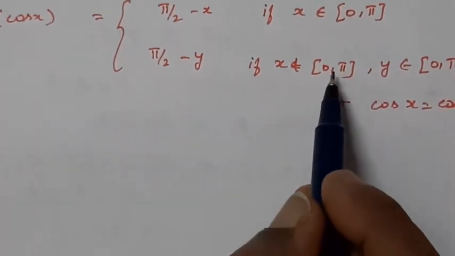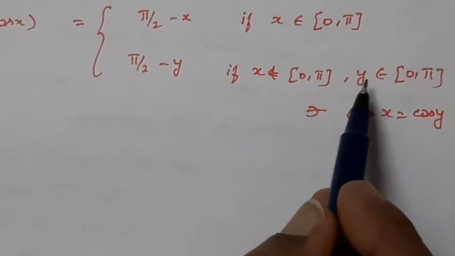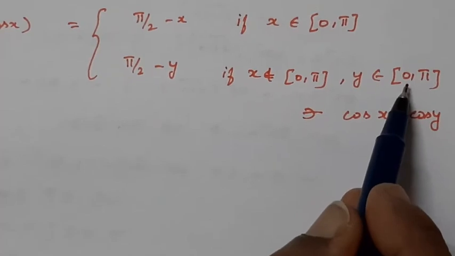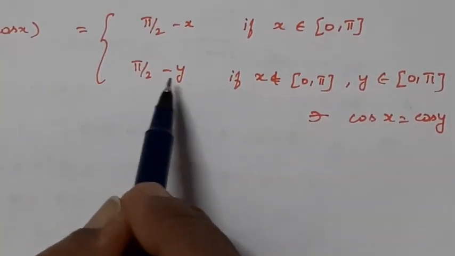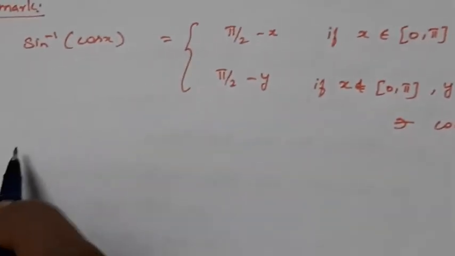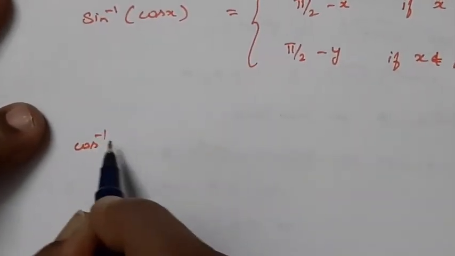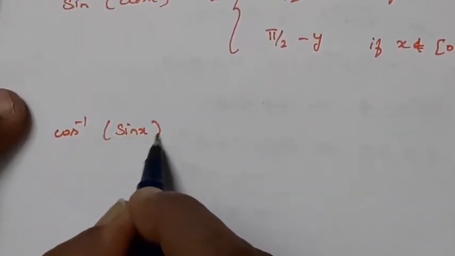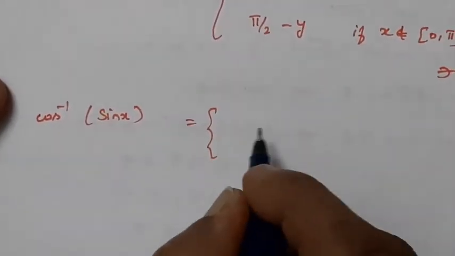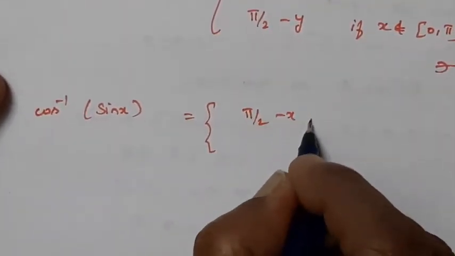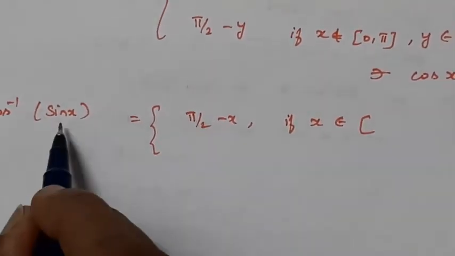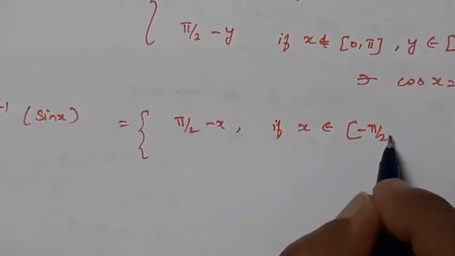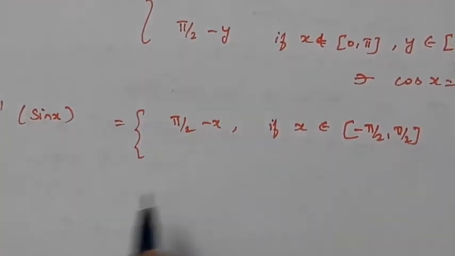If x does not belong to 0 to pi, you have to find another angle y belonging to that interval, such that their cosine values are equal, and therefore, it will be equal to pi by 2 minus y. Okay. Similarly, cos inverse of sin x, right? Cos inverse of sin x is equal to pi by 2 minus x, where x belongs to which domain? Here as sin x is given, x belongs to the closed interval minus pi by 2 to pi by 2. Okay.